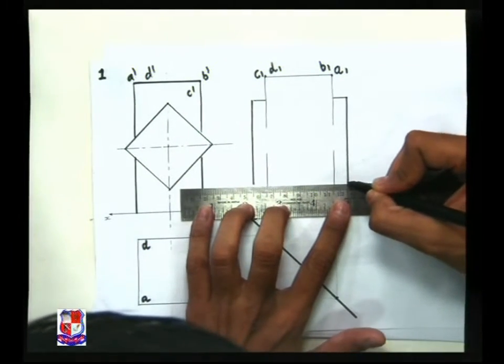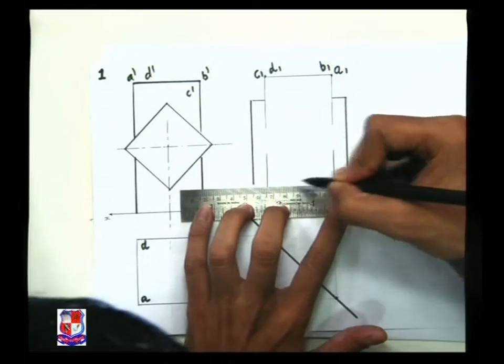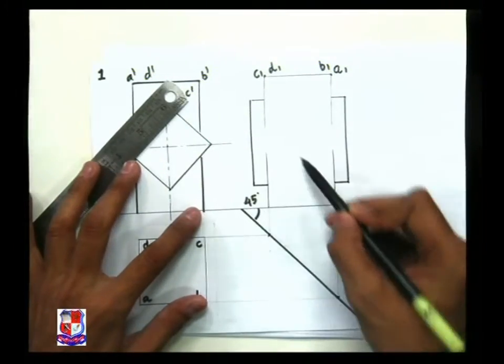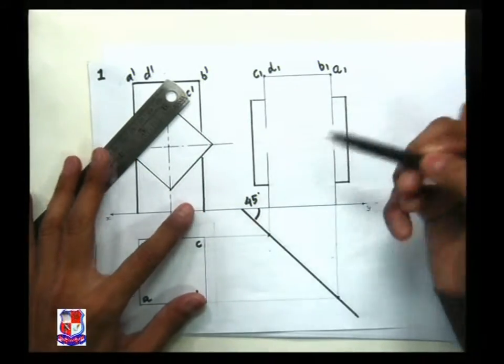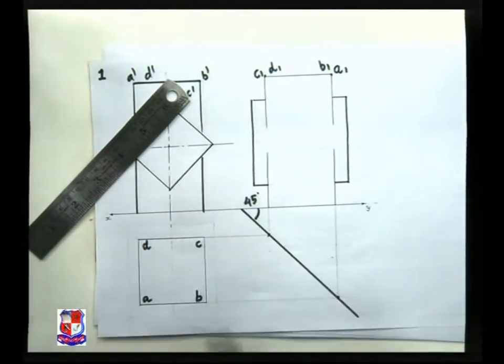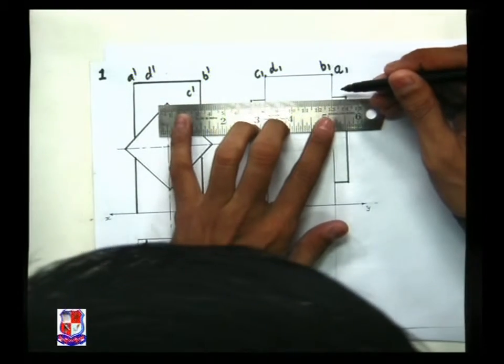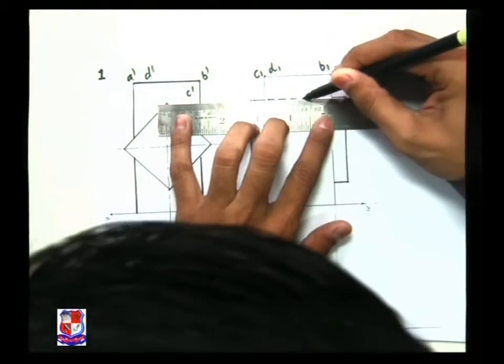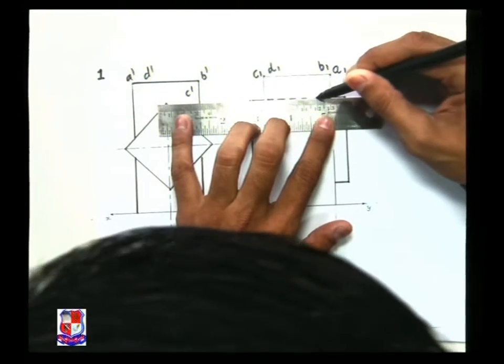So this is the side view of this solid, and here this edge is inside this vertical prism, so it will not be visible, hence that edge is to be represented by the dotted line like this. This dotted line represents the hidden edge.